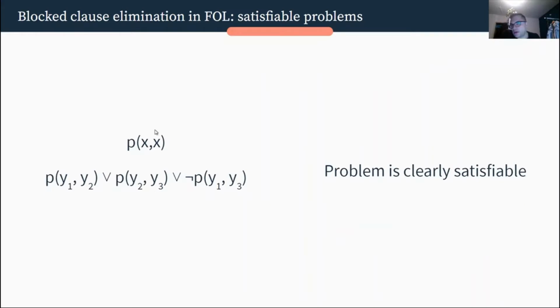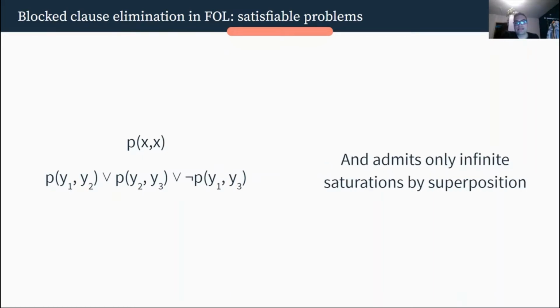This is a simple two-clause example, which is clearly satisfiable. So we can take a model which is, for example, P of A A, and this is going to satisfy this problem. But superposition doesn't behave very nicely on satisfiable problems.